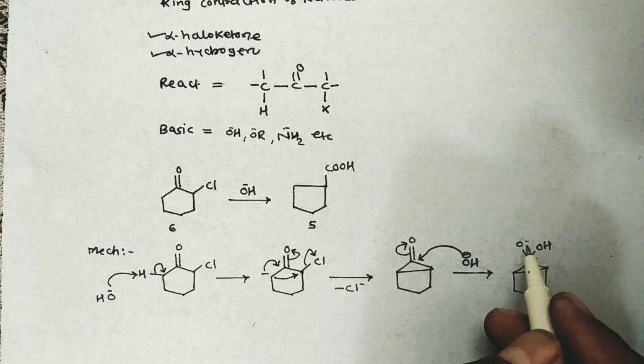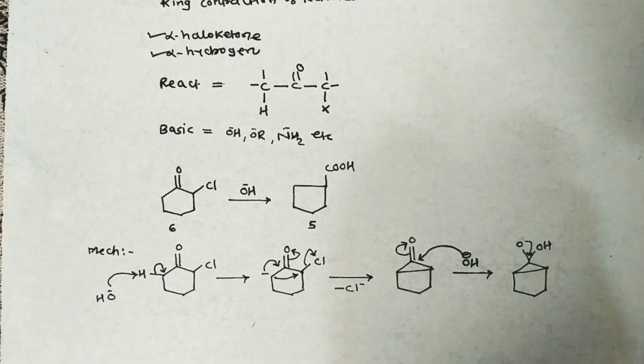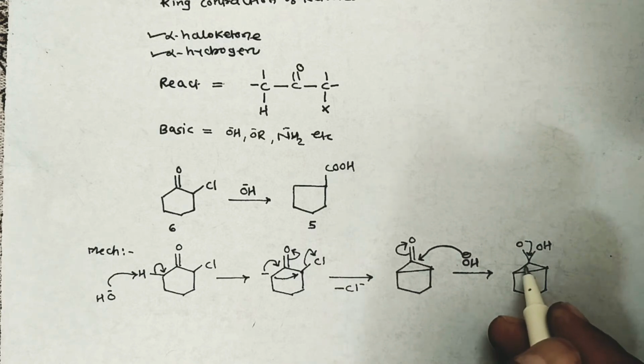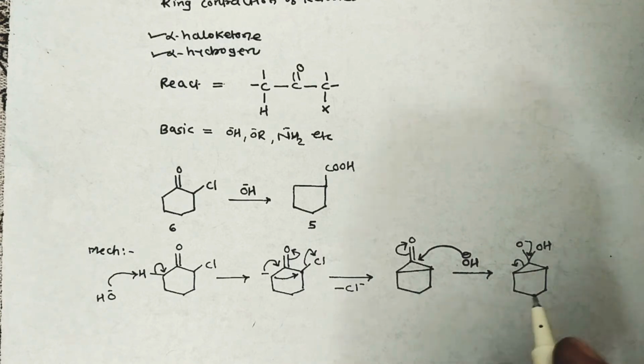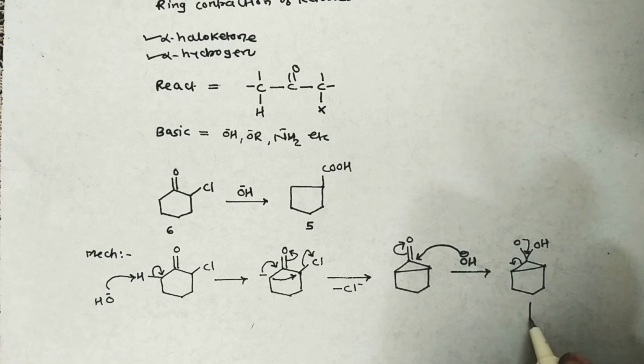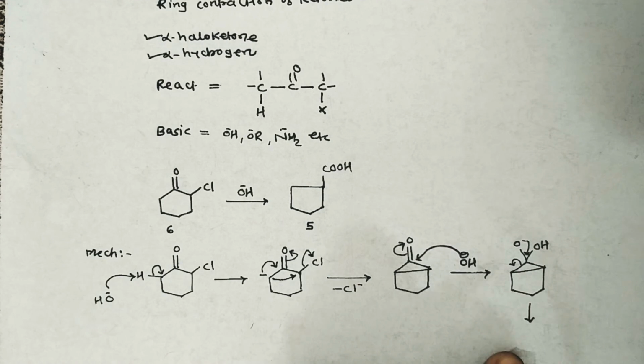Now as the carbonyl group is more stable, this negative charge is restored over here and one of the bonds will break. So that you will get a 5-member ring.